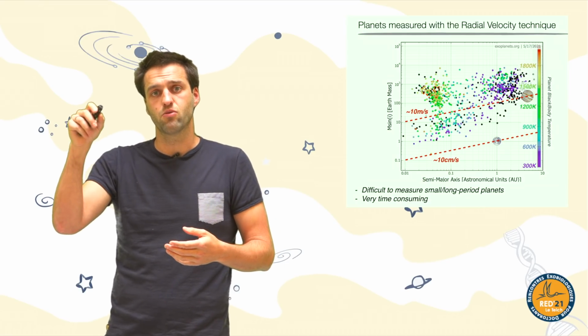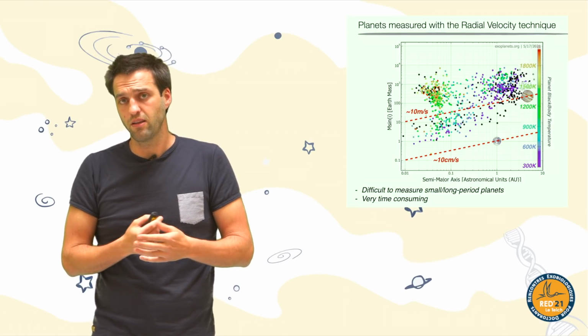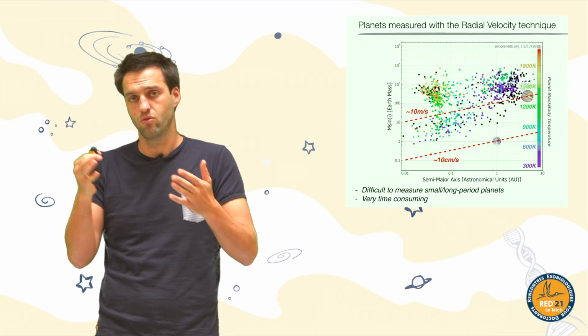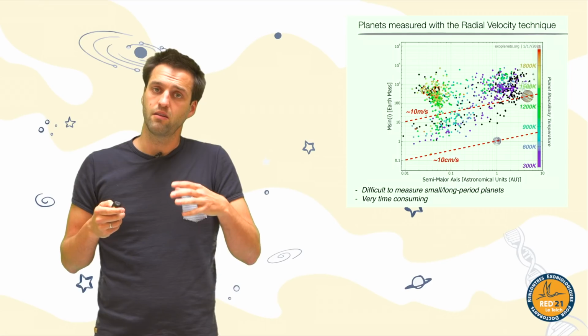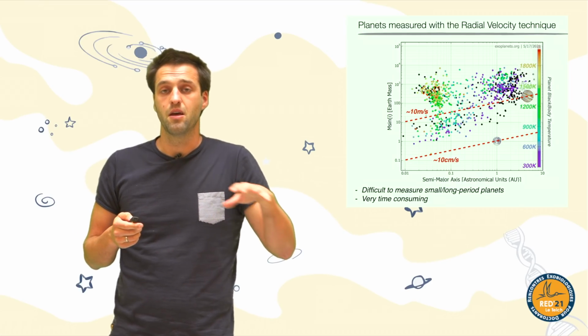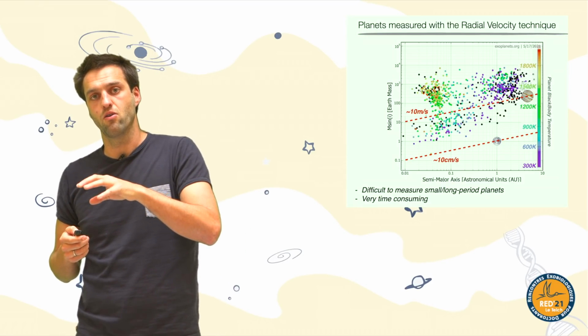We need to take spectra for these stars one after another, so it's really time-consuming, because you cannot look at many planets at once. You always need to look at these planets one after another. So it's historically the first technique that allowed us to discover these planets, but it's not where most of the planets that we've discovered now come from.